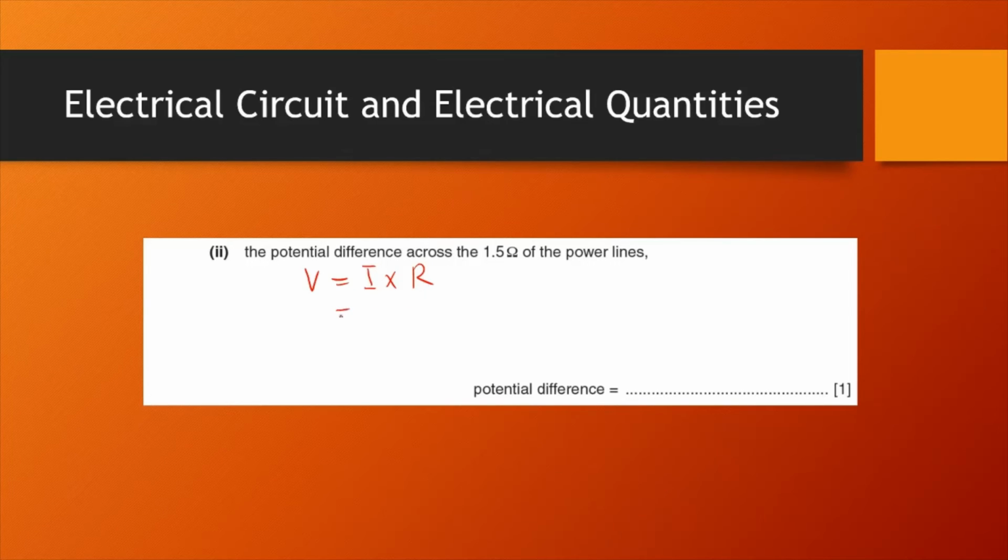The current flow is 750 ampere and the resistance is 1.5 ohm. So we get 1125 volt. Write down the answer on the provided space. 1125 volt. Again, don't forget the unit.